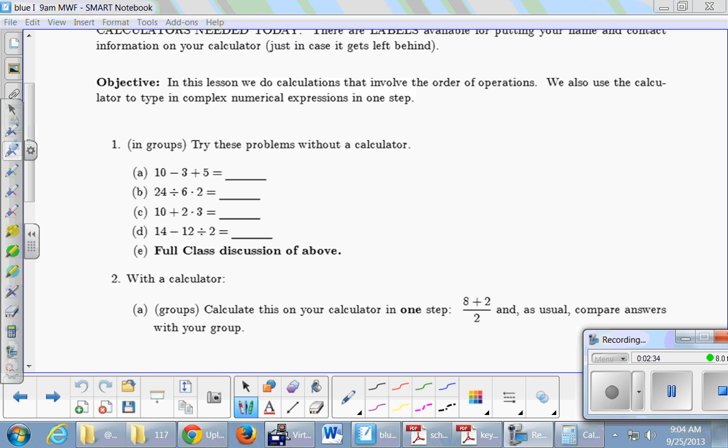Any other rules about order of operations? Raise your hand if you've heard of PEMDAS. PEMDAS, have we heard of it? Yeah, looks like about half of us. What do the letters stand for? Parentheses.